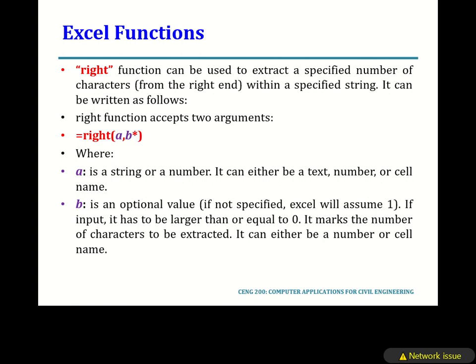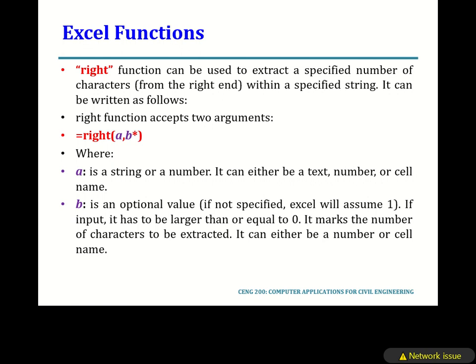The right function will take part of the cell. Okay, so the cell has, for example, 10 characters. Or the cell has this, my name. How many characters? 4. So the right function will take some of the characters from the right hand side. It has two arguments, two inputs. A is the cell from which you want to take it, or the number or the text from which you want to take it.